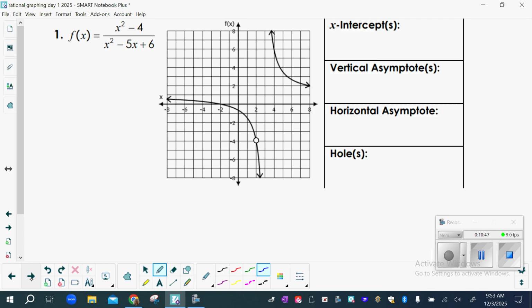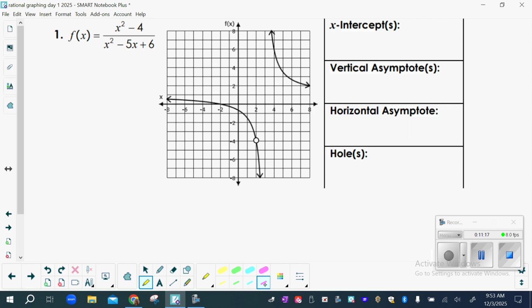There is one line on this graph that neither of these graphs will touch. It goes up and down. If you see it, use your highlighter to draw it in. They both get kind of close to it, but neither will touch it. See if you can see it on your graph.